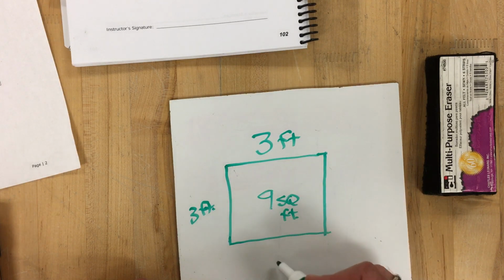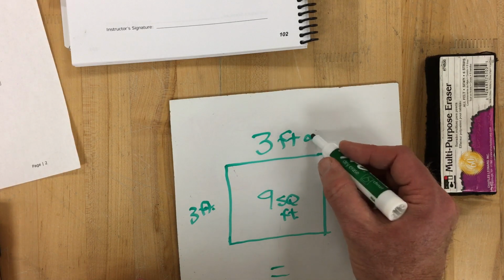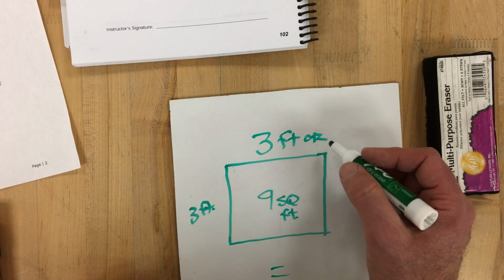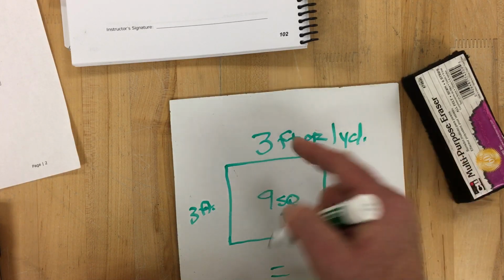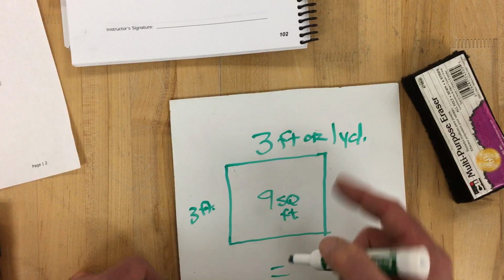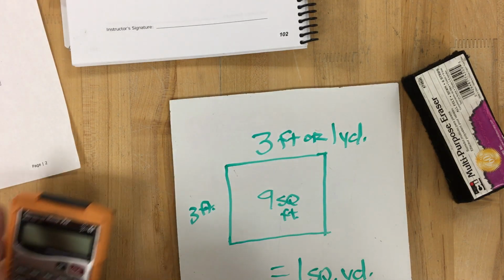But if we're calculating as yards, this is 3 feet, same as 1 yard. Well, if we multiply this together, this is 1 square yard.